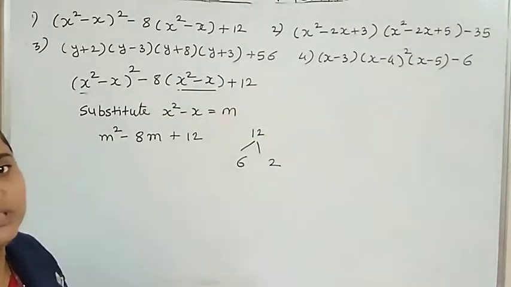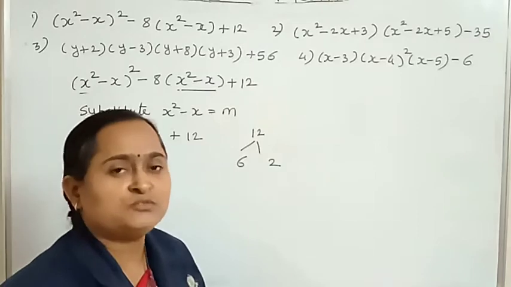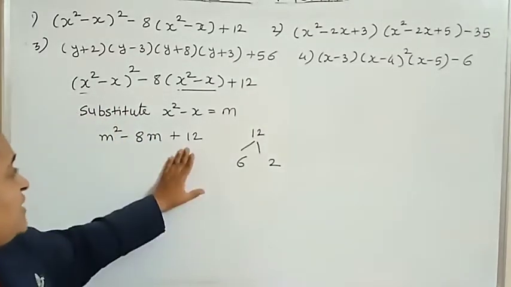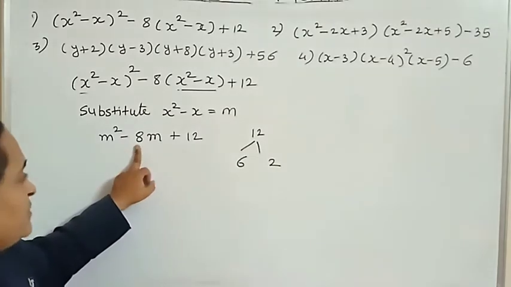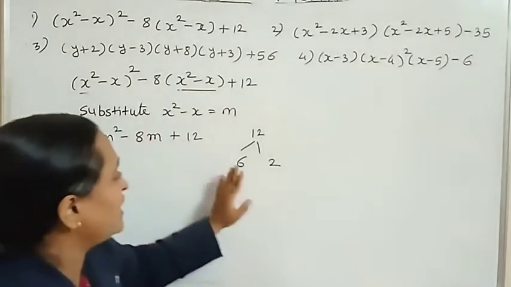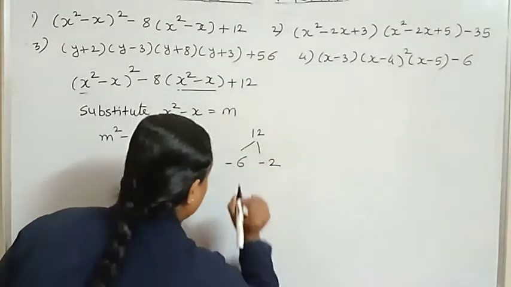Now we have to give the sign. If the third term is positive, then both numbers will have the same sign, and which sign? The middle number's sign. The middle number 8 has a negative sign, so give a negative sign to both numbers, means minus 6, minus 2.